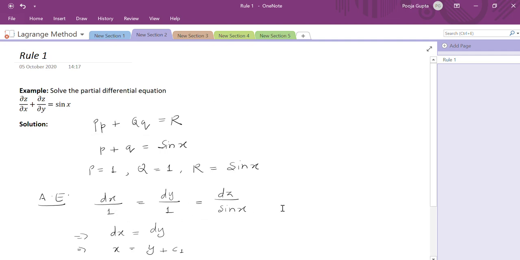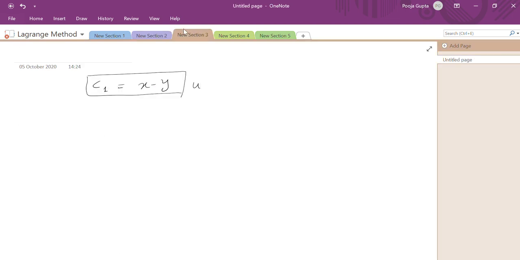Now for the other solution, we will consider some other fractions, let's say first and third. So first and third fractions give dx is equal to dz upon sin x, that is sin x dx is equal to dz.